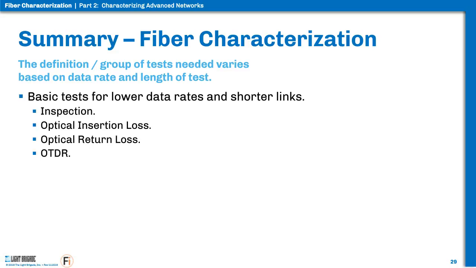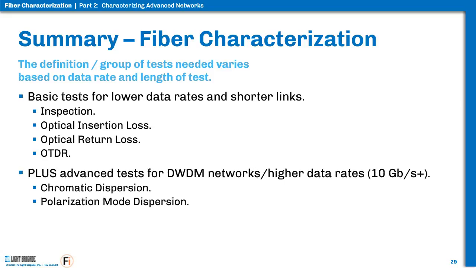The basic tests, you want to do those always, especially for lower data rates and shorter links: inspection, insertion loss, return loss, and OTDR. Those tests apply across the board. Plus you want to do the advanced tests for DWDM networks and higher data rates.